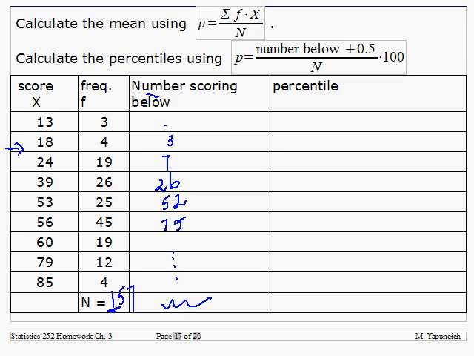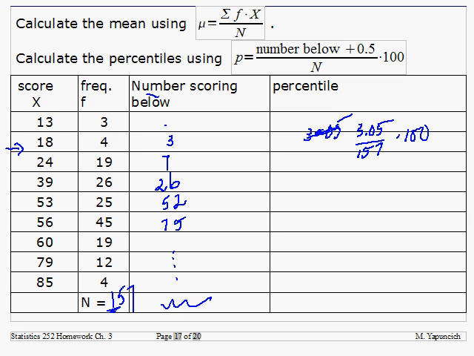According to the book, using the formula there, you take the 3, which is the number below, add the 0.5, which gives you 3.5. Divide by the total number, in this case 157, then multiply by 100. And that will give you the percentile. And you can calculate that throughout that column.